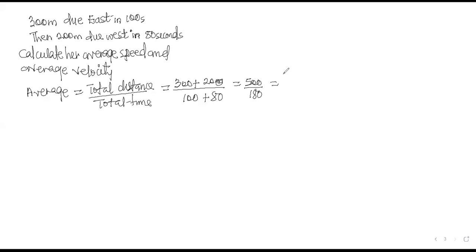So this is 2.778 meter per second. Listen, it's always advisable to express it in 3 decimal place. That's why I'm writing 778. Okay.